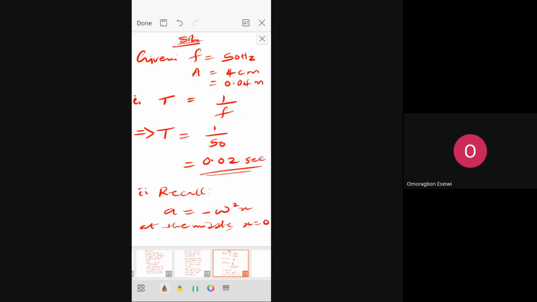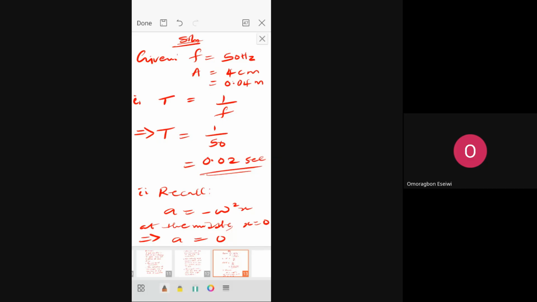At the middle, x is equal to 0. And if I put 0 back here, it simply implies that the acceleration at the middle, A, is equal to 0. So it means that at the center, as I explained before, there is no acceleration. So acceleration at the middle is just 0.